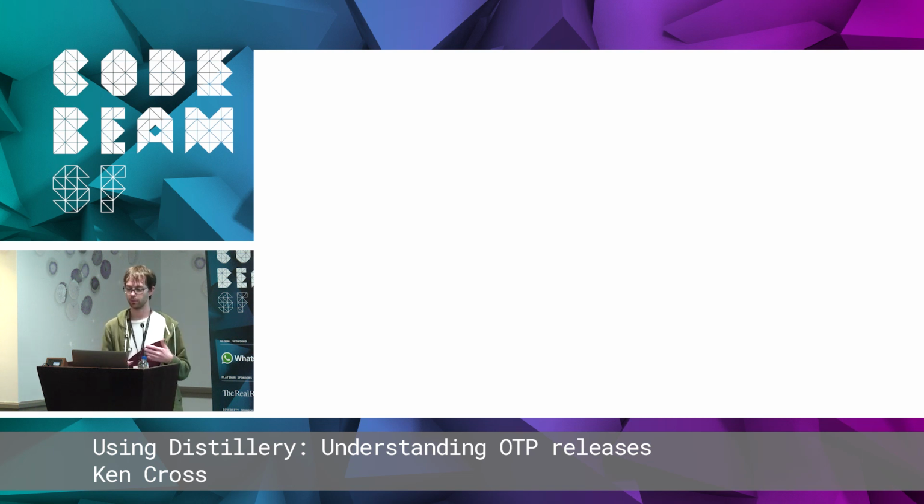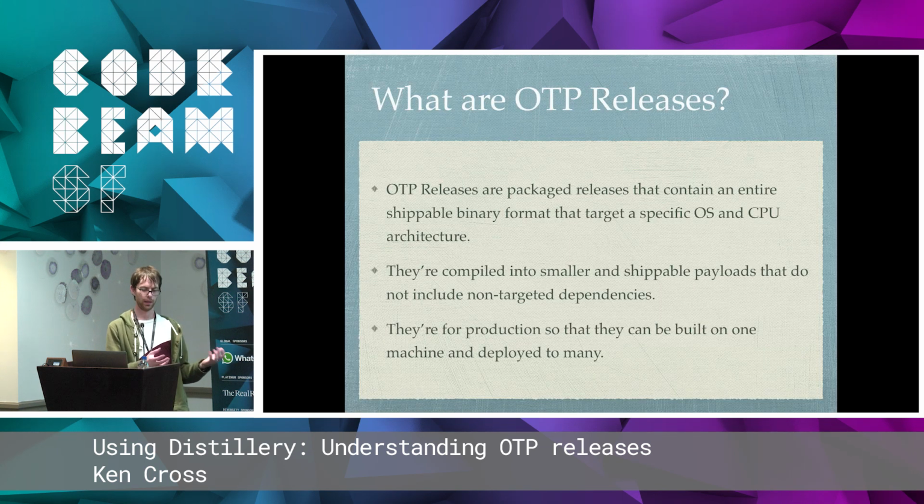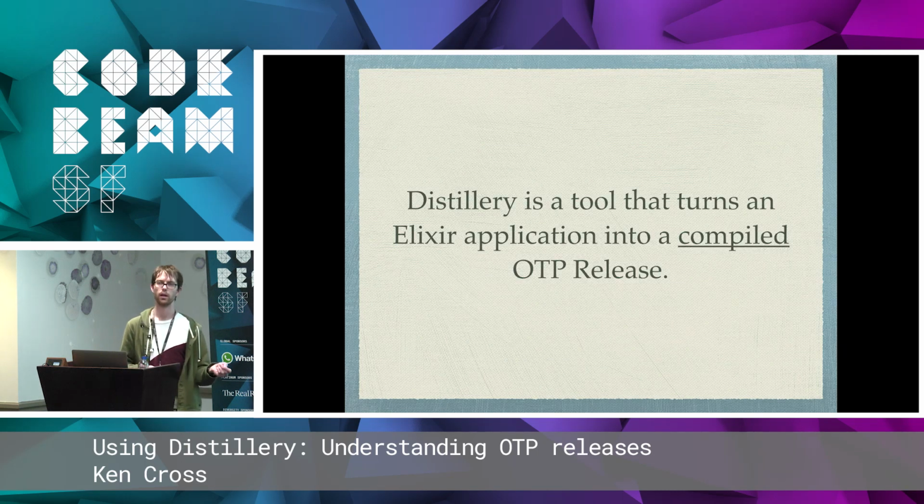Okay, so a little bit of background about the OTP release is what they were built for. At least what I think they were built for is to handle a package application release. They are meant to be compiled so that you can ship a payload that targets a specific operating system and CPU architecture.